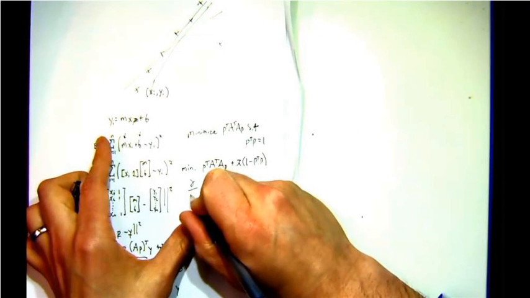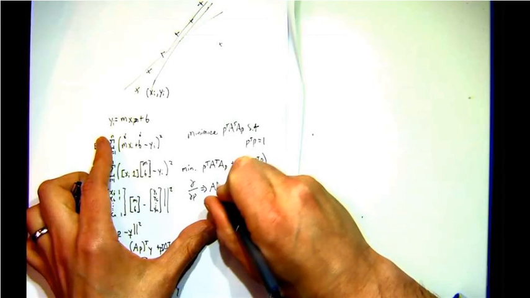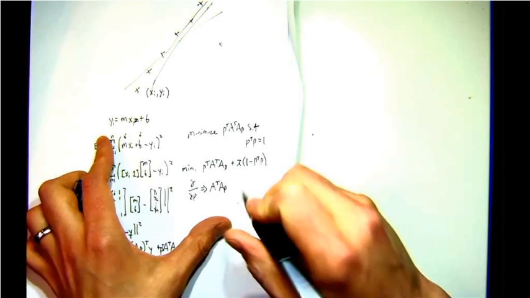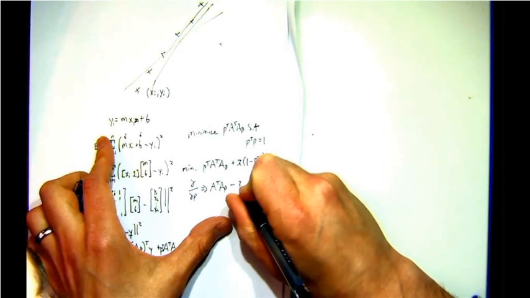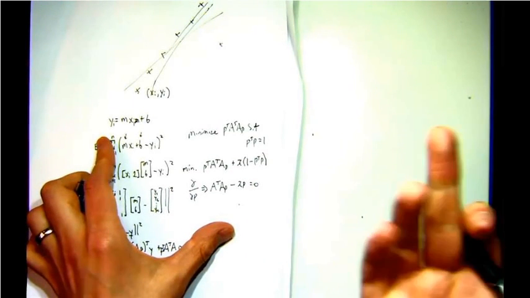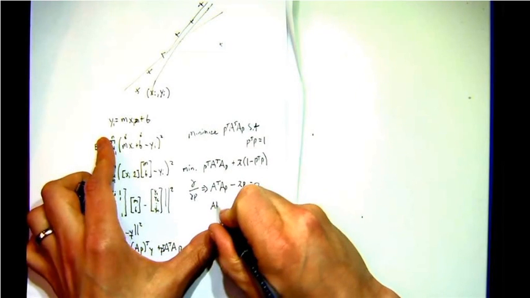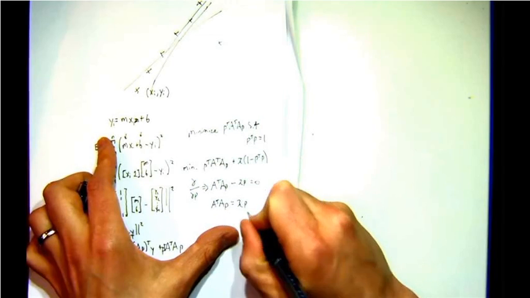Now I take the derivative with respect to p, and I get A transpose A p minus lambda p, and setting that equal to 0 will give me my minimum or maximum. Then A transpose A p is equal to lambda p. And this is basically the definition of an eigenvector.